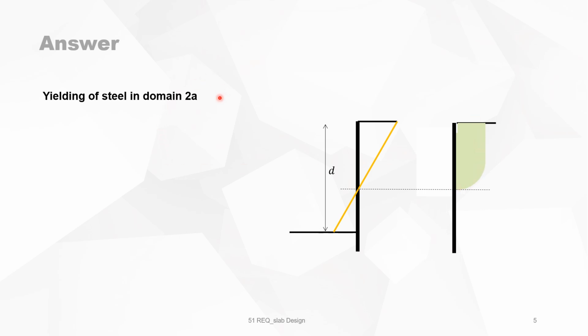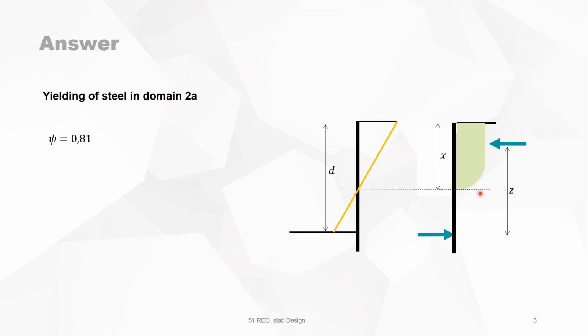We are in domain 2A, so the parabola and rectangle is fully developed. And then the lever arm z is between the concrete compressive force and the steel tension force. And of course, the position of the neutral axis is x.